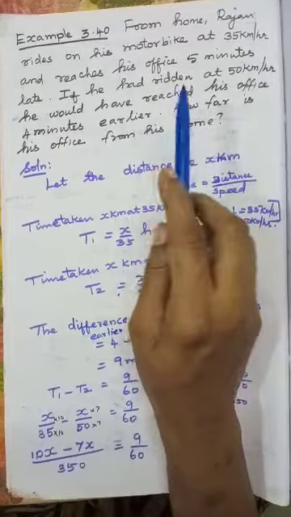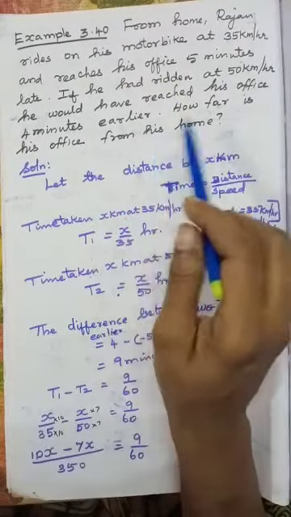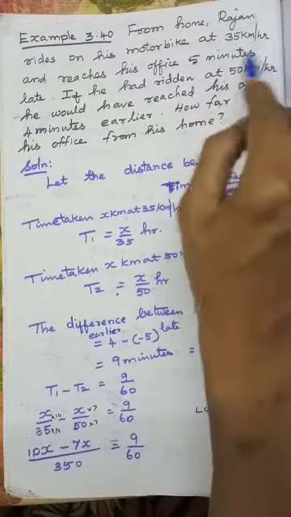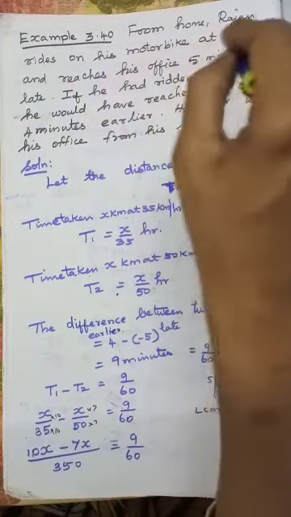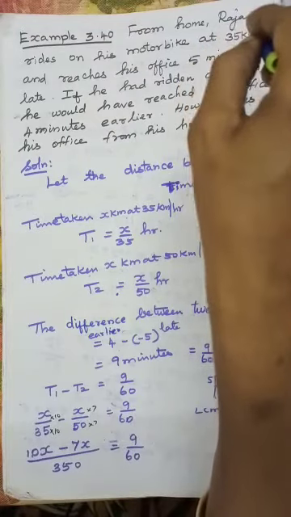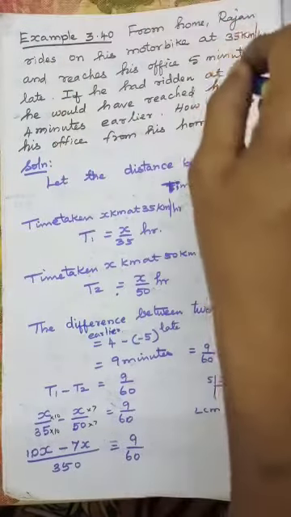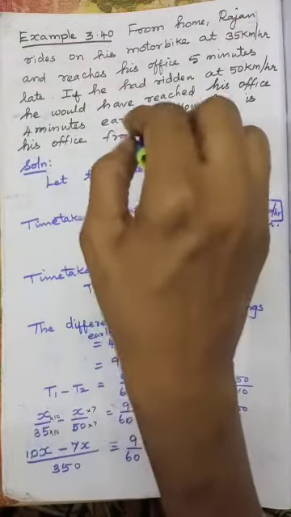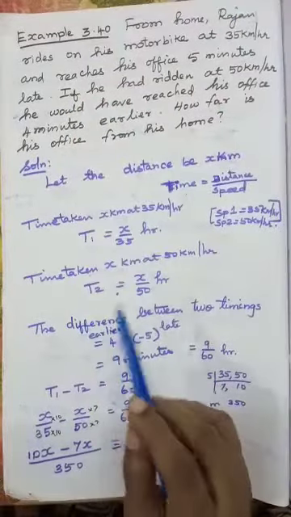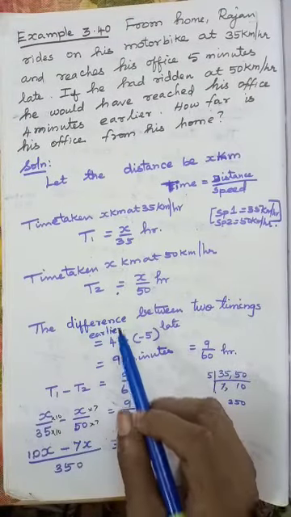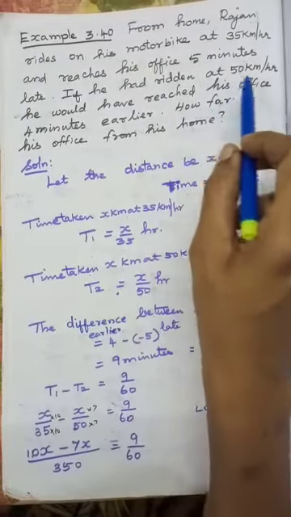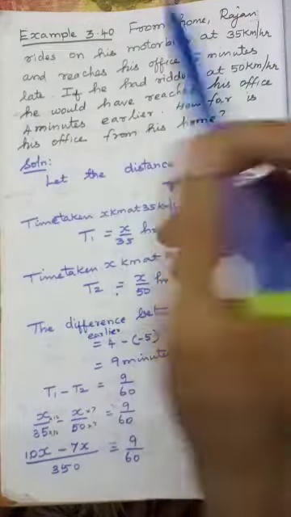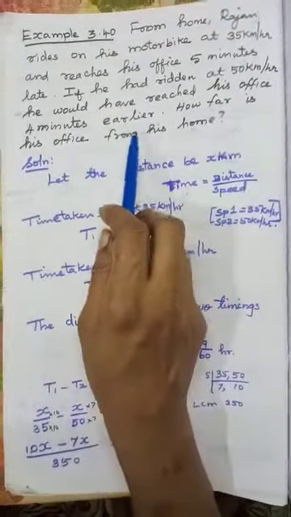Okay. The distance between his home and office is the same, isn't it? Only the speed differs. He rides at 35 kilometer per hour. If he rides at 50 kilometer per hour, he would reach his office 4 minutes earlier.